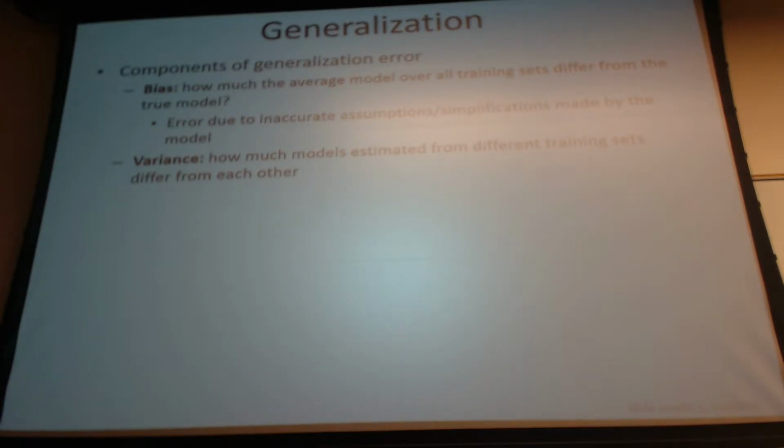Let's rewrite this difference here and see if it makes it more clear. Okay, so bias and variance.